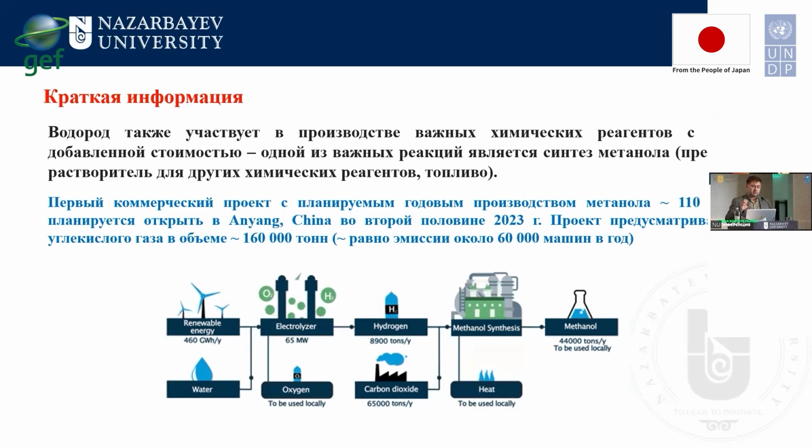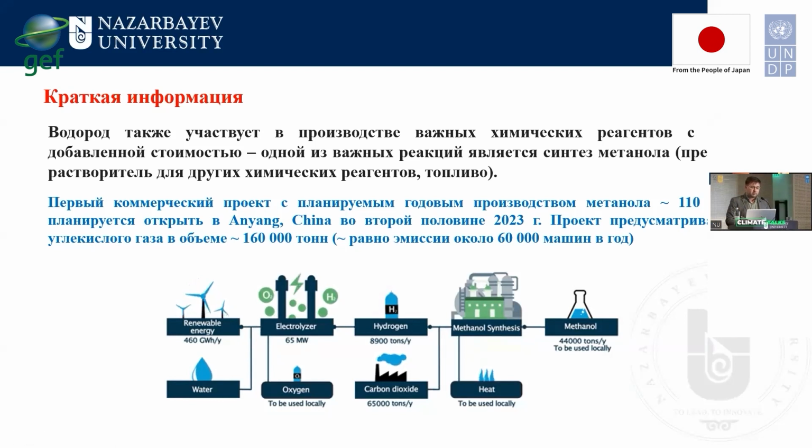So it will be absorbing the CO2 from the air, then it will be dissolved, mixed with hydrogen, and the process will go on the catalyst. The methanol that did not participate in the reaction will go again through the cycle, and as a result, you will get approximately 44,000 tons of methanol produced at this plant.